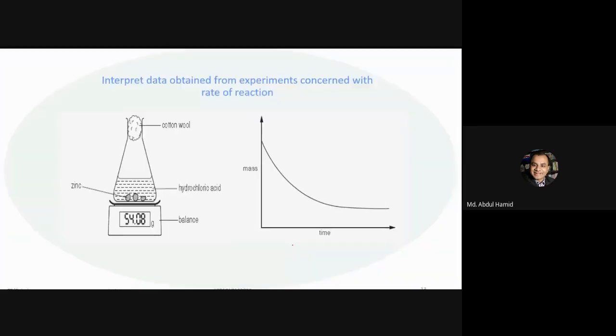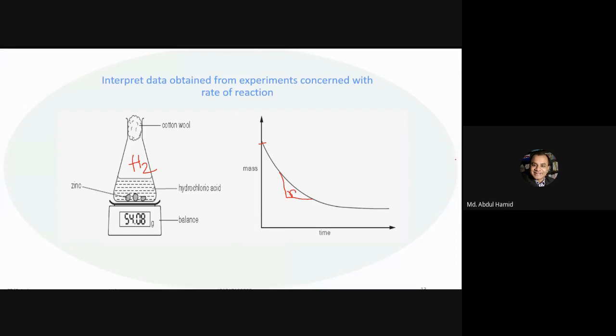Another one, look here. The total mass is given. We are giving zinc and hydrochloric acid. They will react and make hydrogen gas, which will go off slowly through the cotton wool. From here, the total mass is given. Gradually, the mass is decreasing because the gas product is going out. If you calculate the gradient, that is the rate of reaction.